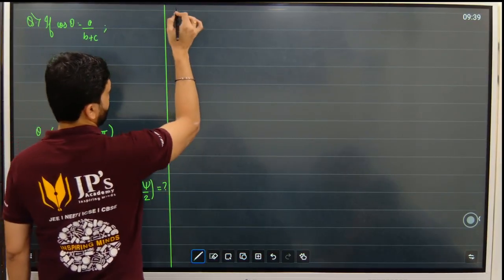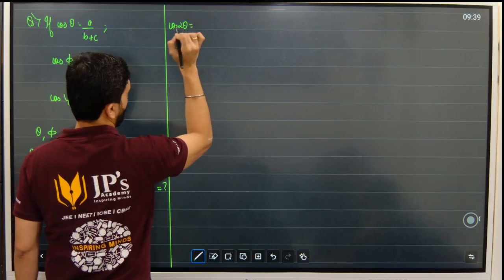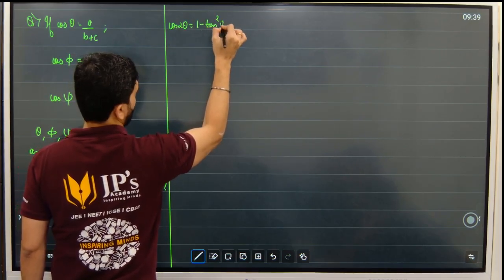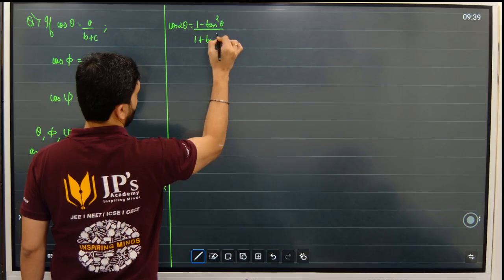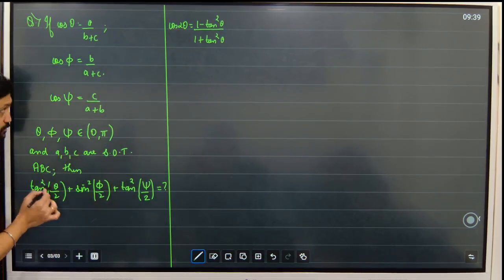Listen, cos 2 theta is 1 minus tan square theta upon 1 plus tan square theta. I need tan square theta by 2.